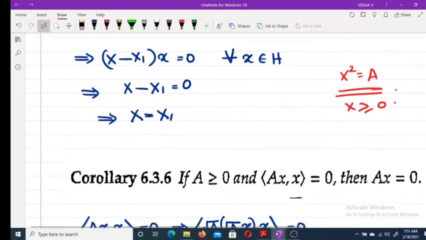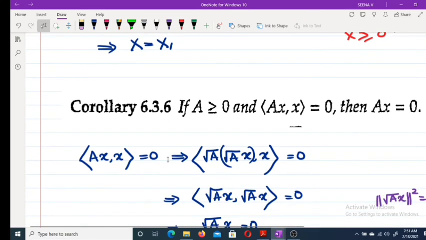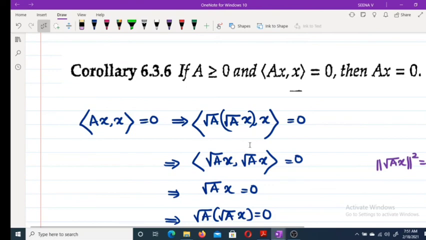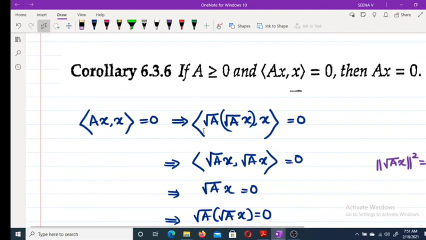Now moving to last part, one corollary. If a greater than or equal to 0, inner product axx equal to 0, then ax equal to 0. Inner product axx equal to 0, you can write as root a x equal to 0. And as this is a symmetric operator, because a greater than or equal to 0 means a is a symmetric operator.